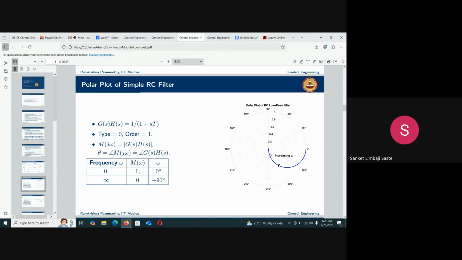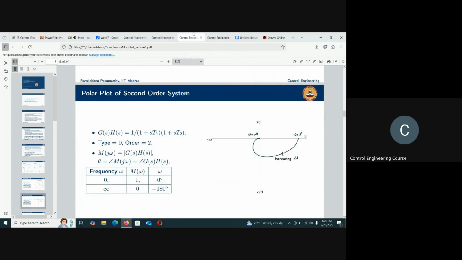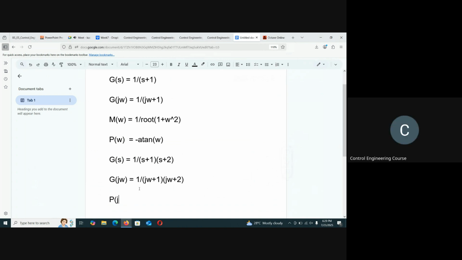Now let's do it for a second order system like this. I'll take a very simple concrete example, let's say 1 by s plus 1 into s plus 2. So what is again G of j omega? 1 by j omega plus 1 into j omega plus 2. And what is the phase?